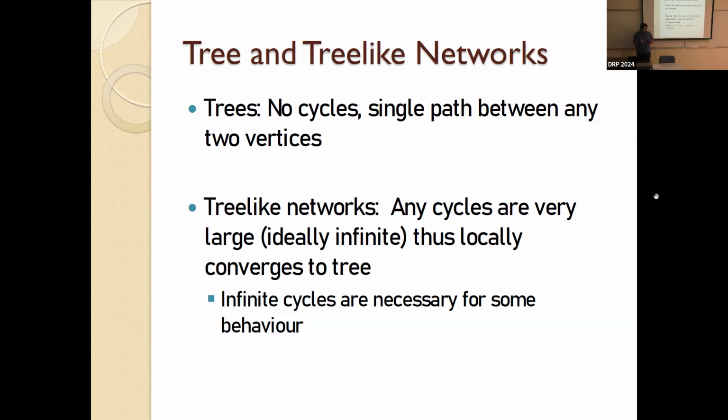And even if a network is not completely a tree network, it can be a tree-like network where any existing such cycles are very large, even infinite, such that you cannot easily reach a dividing path, easily reach the first vertex, and locally this network would converge to a tree. And mainly in our modeling, we will be interested in these tree-like networks. This is important because for some behavior of these statistical models, infinite cycles are necessary in order to explain some behavior.